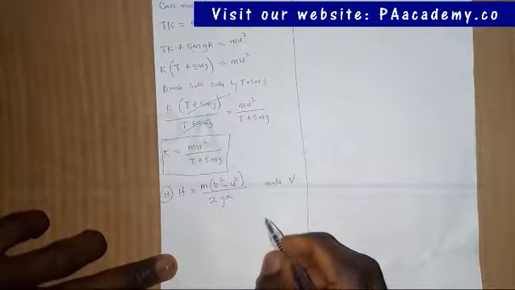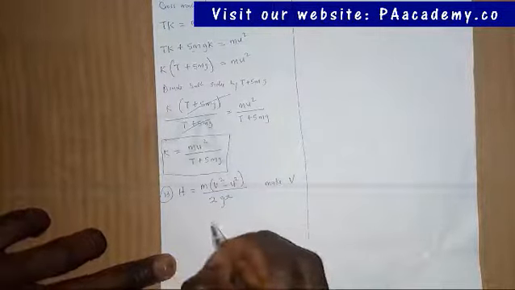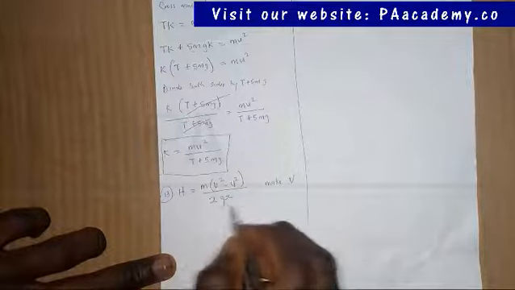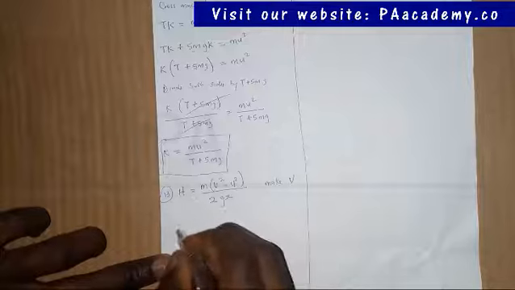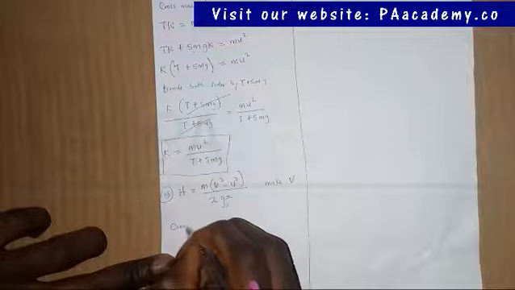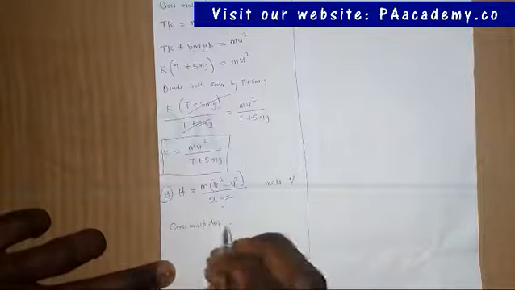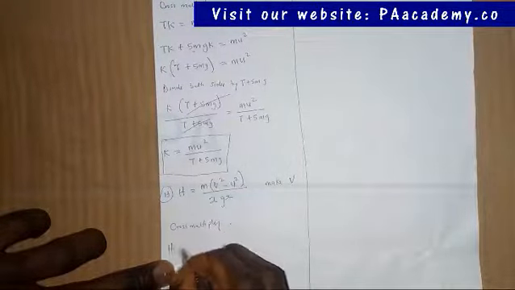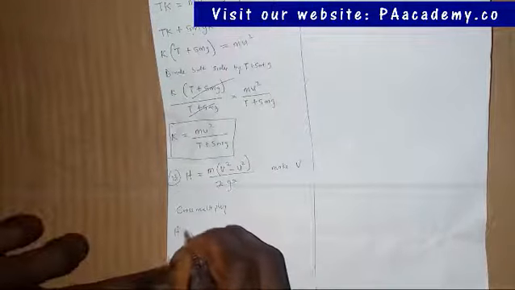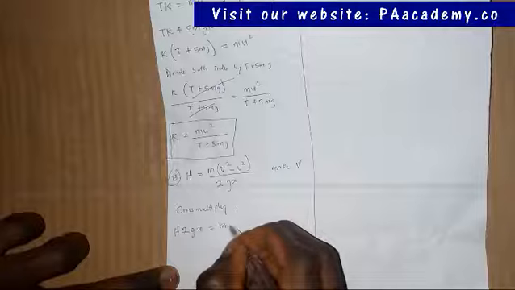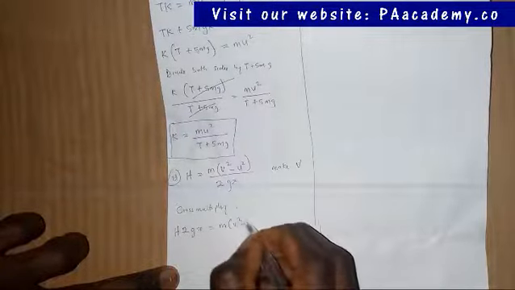Alright, so let's start. The first thing I want to do is to cross multiply. Since there's an equals to sign, it makes it easy to cross multiply. So if we cross multiply, we are going to be having h 2gx equals m into bracket v square minus u square.